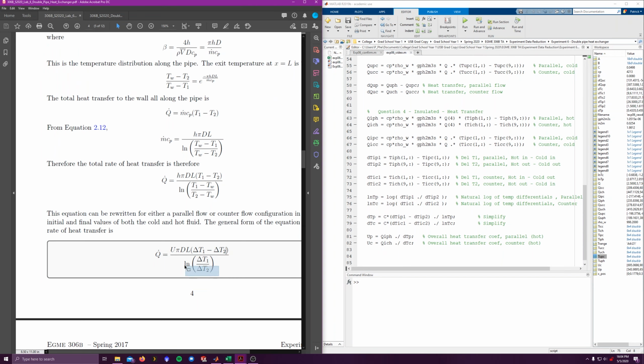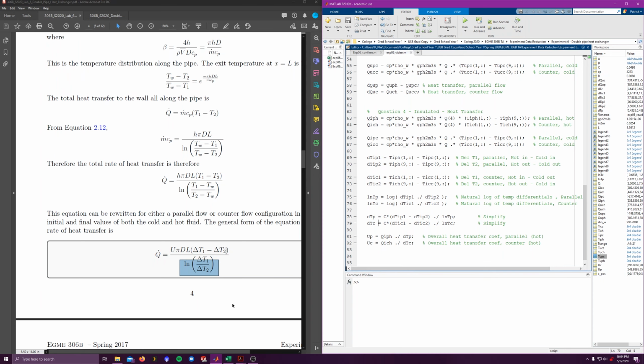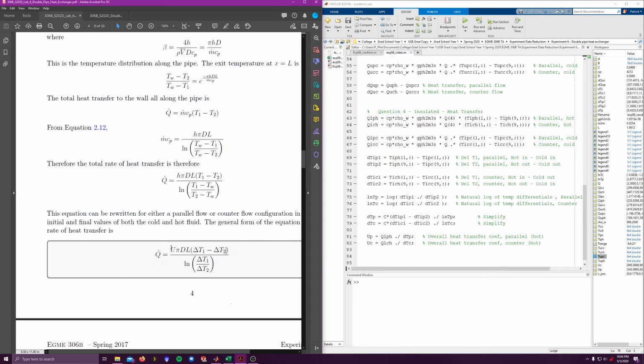We want to do this for both parallel flow and counterflow. This part here is combining pi times d times L, the heat transfer surface area, with delta T1 minus delta T2 divided by this natural log.